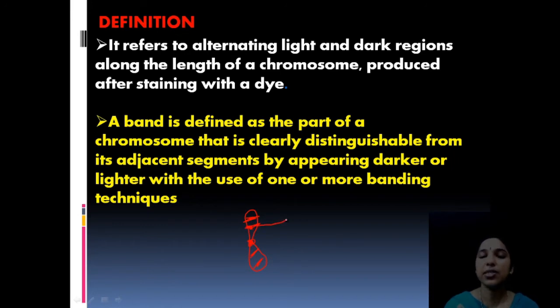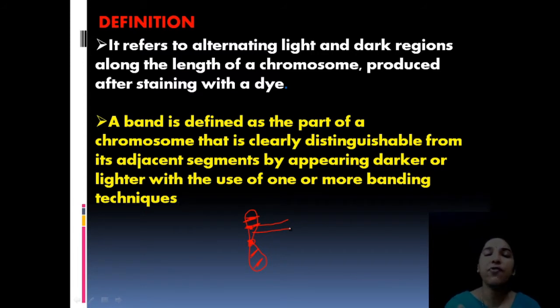So, this is a darker band and this is a lighter band. So, the part that can be distinguished from adjacent segments by appearing darker or lighter is known as what? Banding. And the technique is actually a method to find chromosomal anomalies, some abnormalities, etc. And this is possible by staining a chromosome with a particular dye.